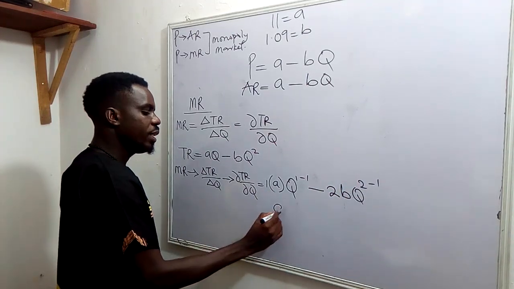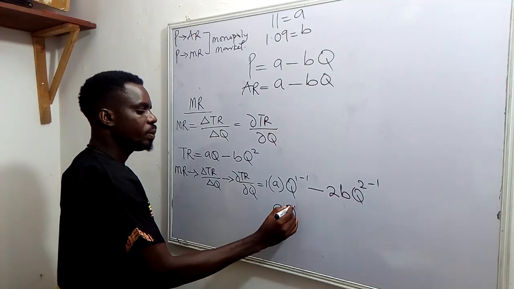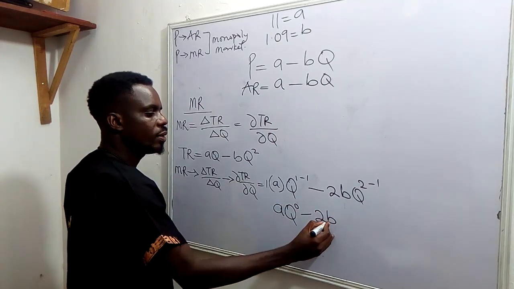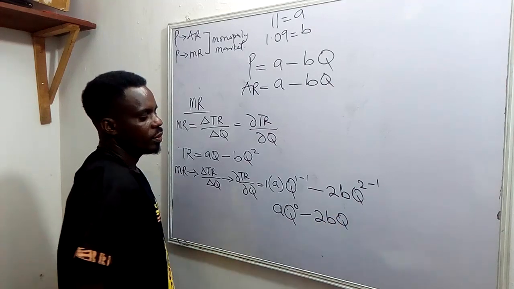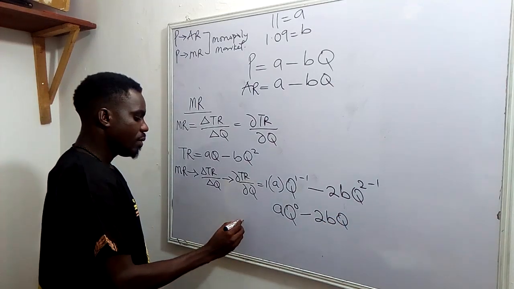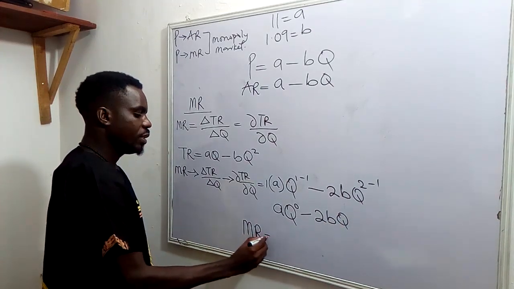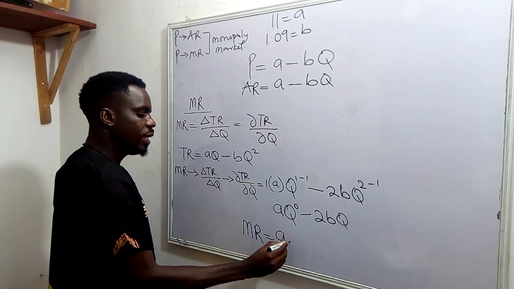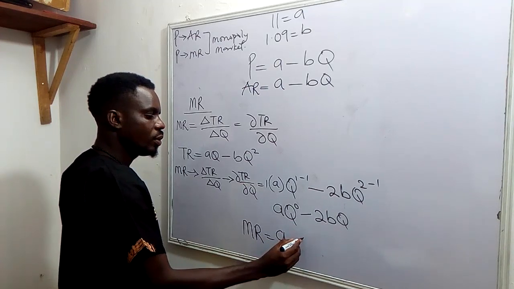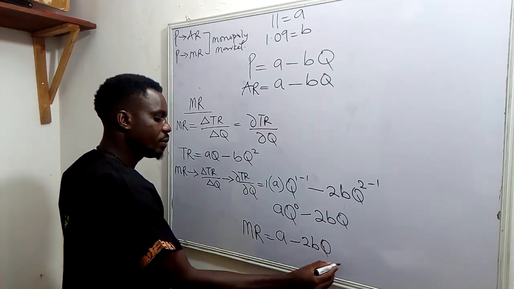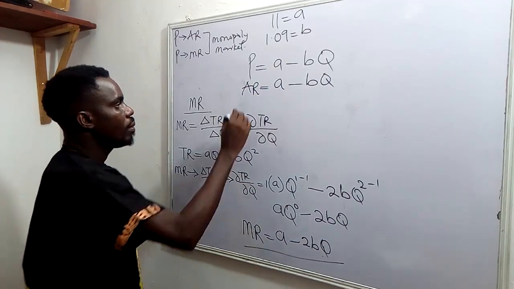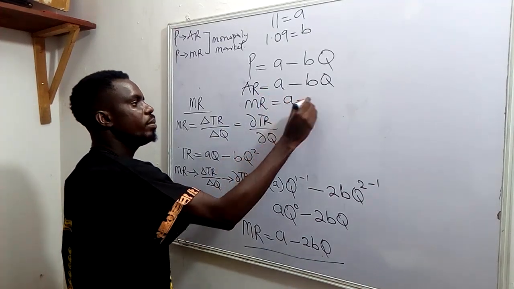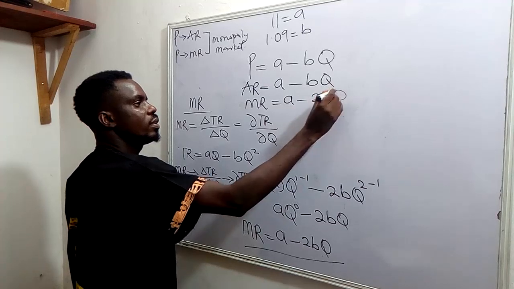This will give us AQ raised to power 0 minus 2BQ. As such, our marginal revenue, since anything raised to power 0 is 1, is A minus 2BQ.